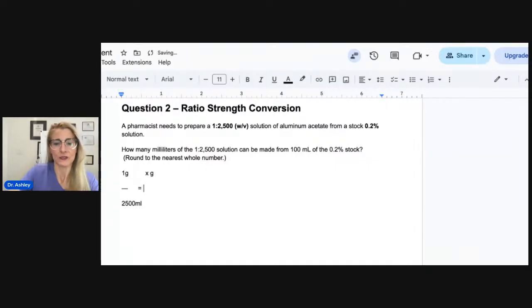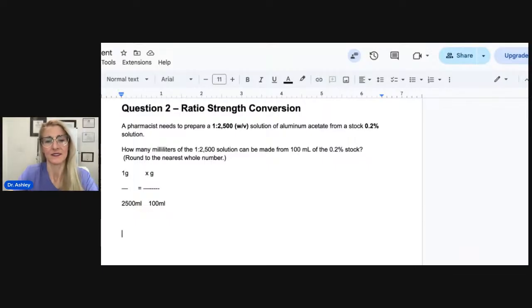We know that percent strength can be written X grams over 100 mLs. So how simple is that? We get to cross multiply and divide. Do you remember what the answer is? Put it in the chat or do it now. Cross multiply 1 times 100 divided by 2,500 gives you X.